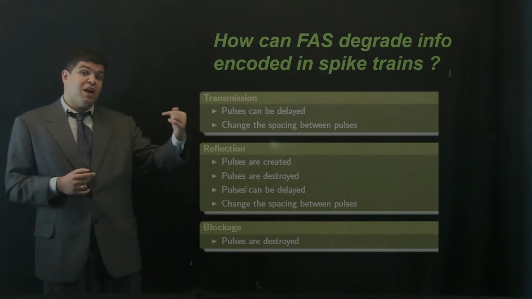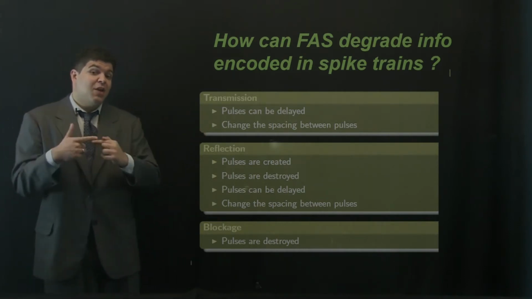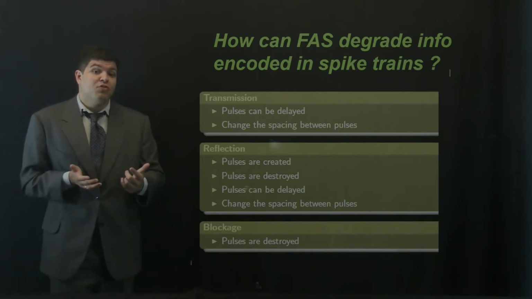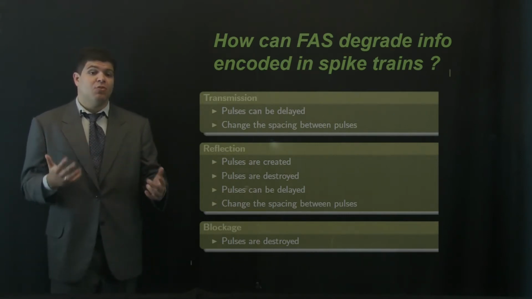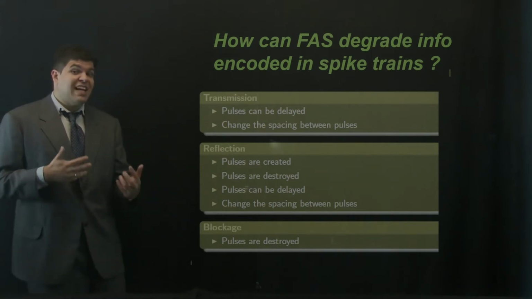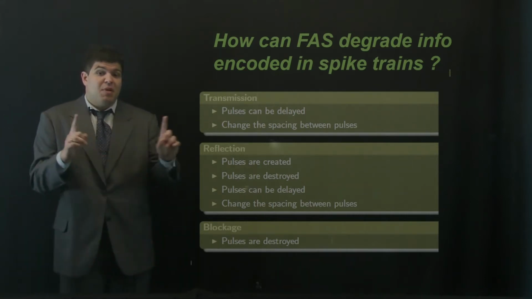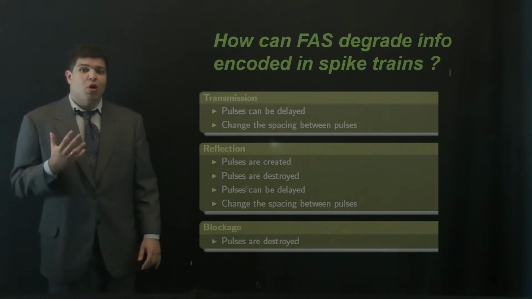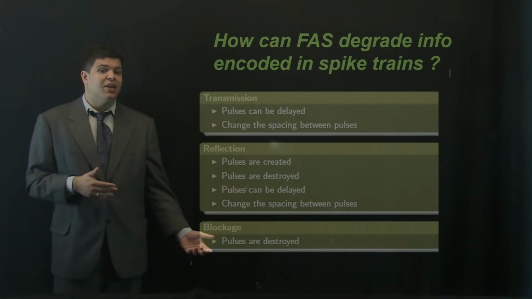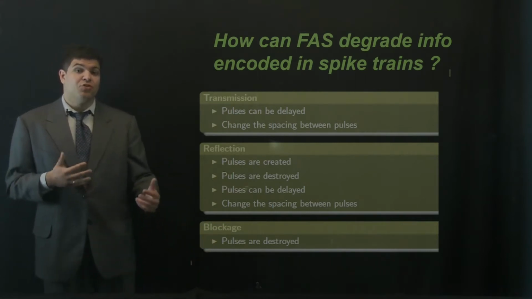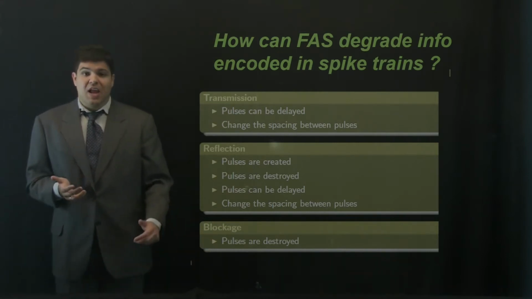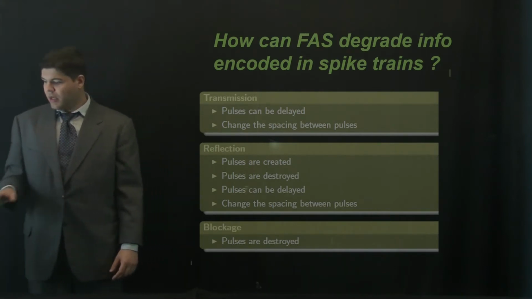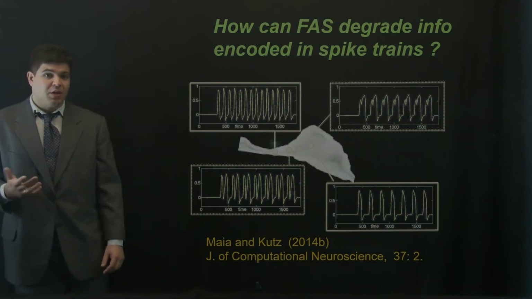And this pulse traveling backwards might collide with a next pulse traveling forward, and they can both be destroyed. So you can have pulses being destroyed. The reflection might cause some delays in the spike trains, and they might change the overall spacing between pulses. And in the more dramatic case, where you have blockage, you can even have pulses destroyed and blocked altogether and transmit no information, okay? So let's look here at a little example.